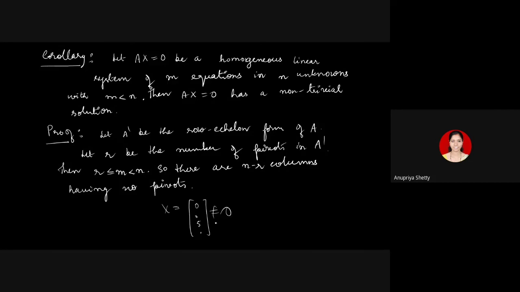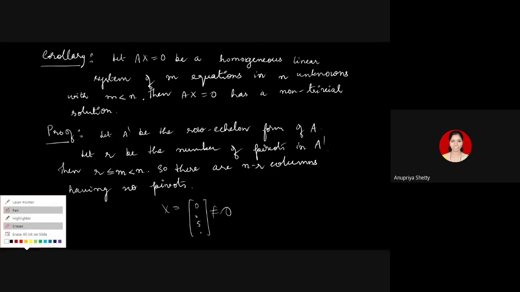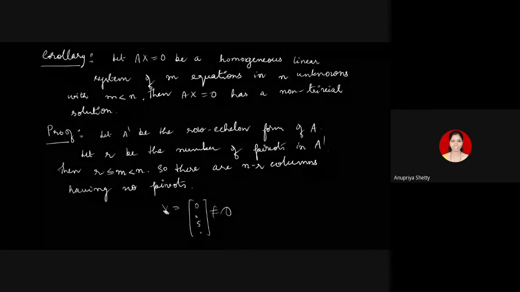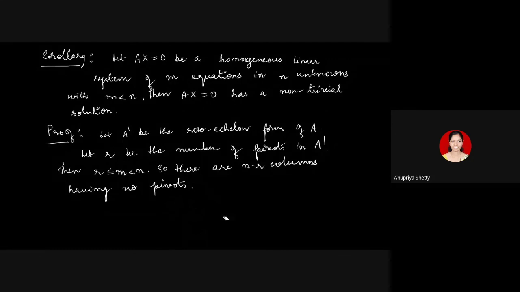So thus we have concluded that the system A dash x equal to 0 will have a non-trivial solution, which also gives you a solution of Ax equal to 0. Just that argument we have to mention here in this corollary. Let there be r pivots, then there are exactly n minus r columns having no pivot.